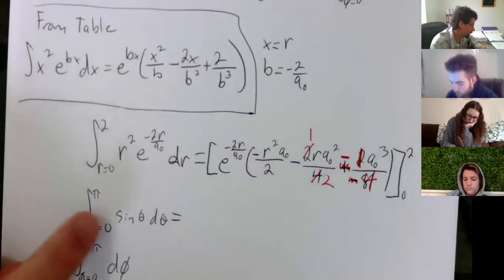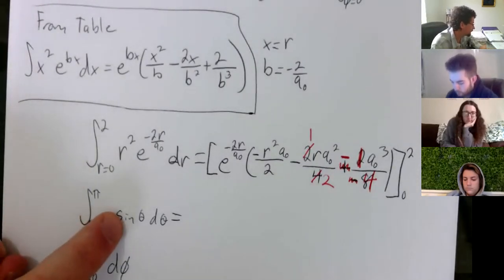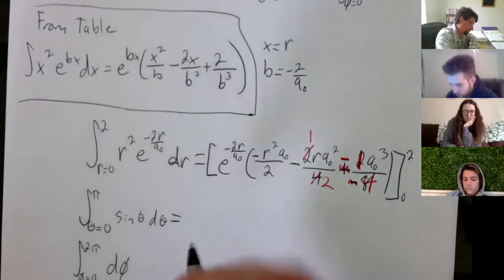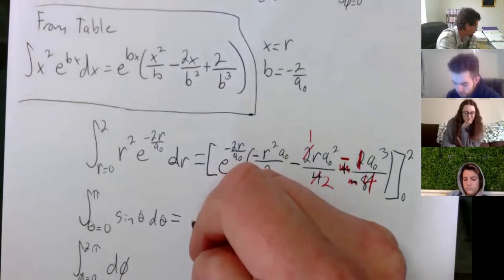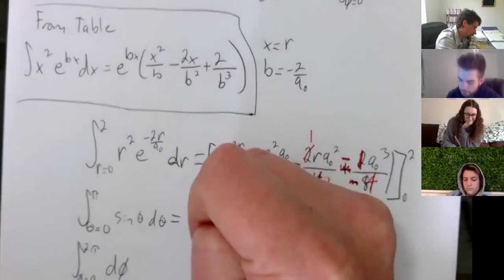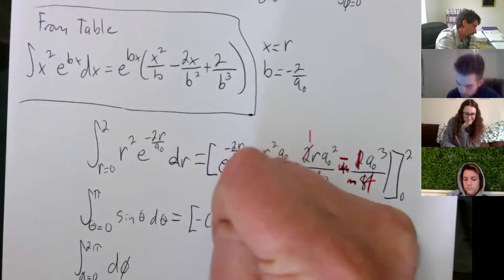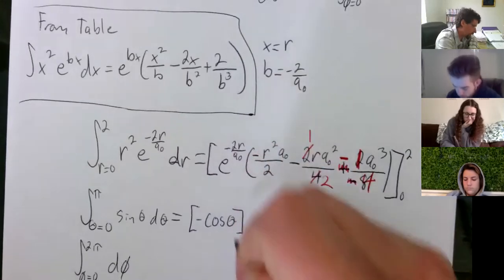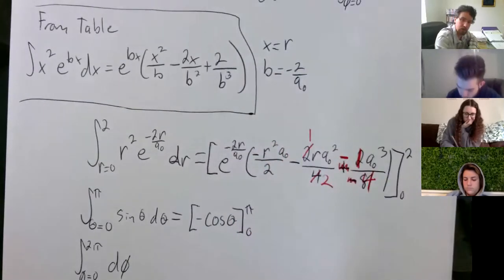Okay, we take the integral of this guy. Cosine. Yep. Negative cosine, is it? Should be negative cosine, right? Yep. Negative cosine theta, and we're going from 0 to pi.